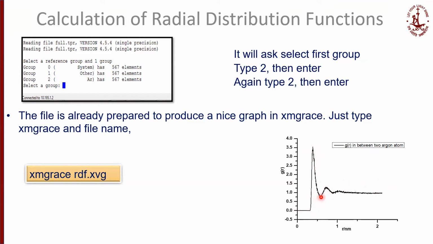If you integrate it till the first minimum, that should give you around 6, and that actually comes around 5.8 or 5.9. So what you get from simulation and what you get from experiment is the same thing. You can cross-check whether your simulation is giving you correct results, closer to experimental data or not.